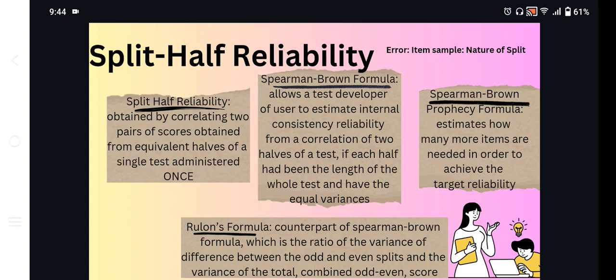Okay? If alpha is high, then you might assume that the reliability of the test is acceptable because the lowest boundary of the reliability is still high. Okay? The reliability will not drop below alpha. Okay? A low alpha level, on the other hand, gives you less information because the alpha coefficient marks only the lower bound for the reliability.